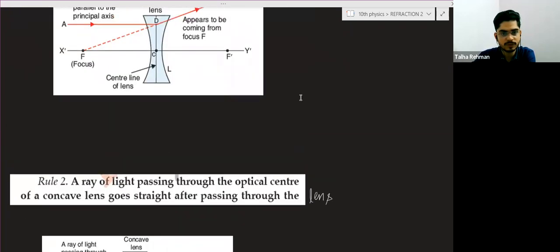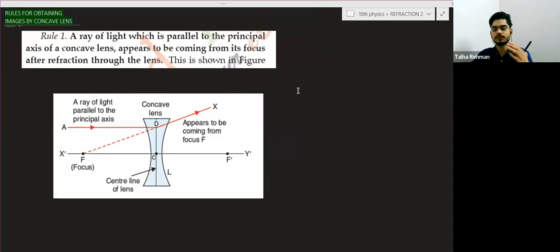So first note it down, then I will move forward. Note down this and draw this diagram also.